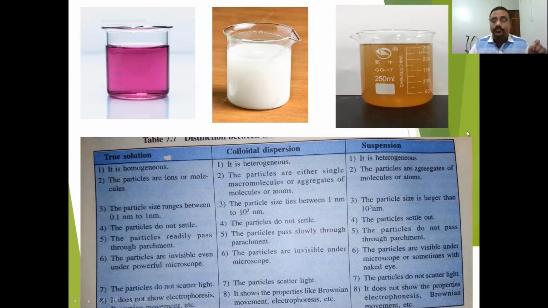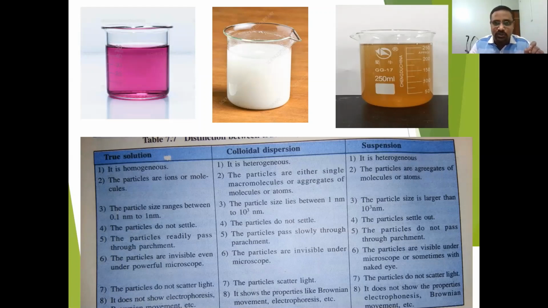Remember that up till now we have begun with the chapter of solutions. We have seen the first definition, that is mixture. What is the definition of the mixture? Combination of two or more substances is called a mixture. It is printed in your textbook. But I have told you a different definition.